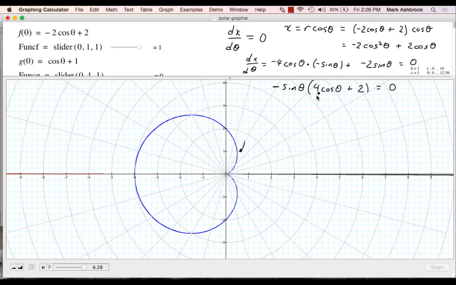There's 2 negatives, so this is negative. Should have done positive, but here we are. Okay, so what does that mean? So sine theta could be 0, or I'll go ahead and take the opposite, 4 cosine theta minus 2 could be 0, which means cosine theta could be 1/2.